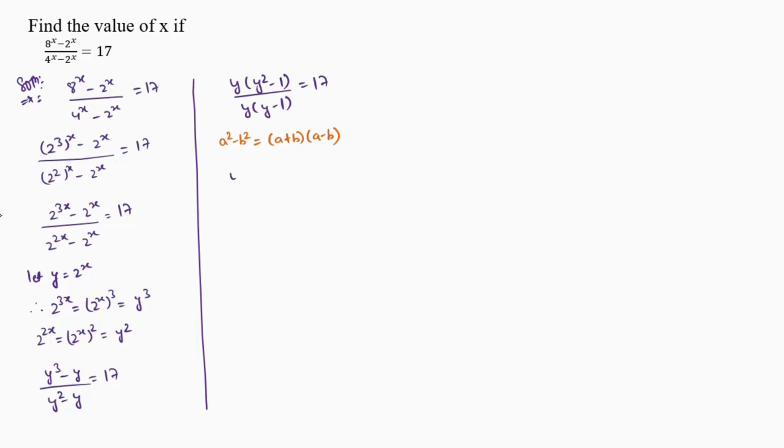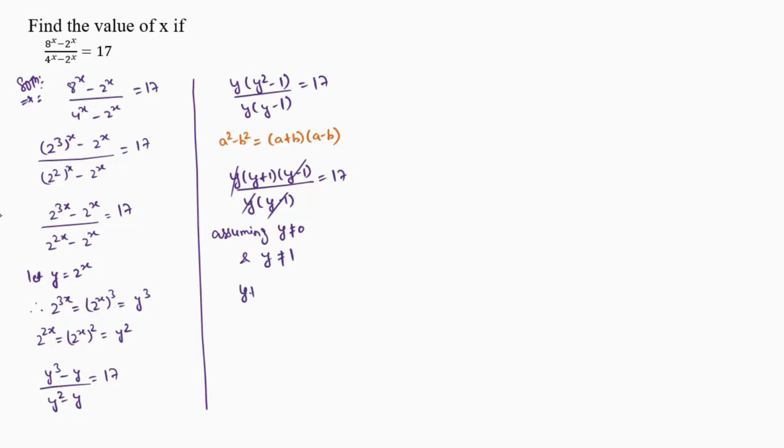Therefore, our equation can be written as y(y + 1)(y - 1) / y(y - 1) = 17. So from here y and y will get cancelled out, and y - 1 and y - 1, assuming y is not equal to 0 and y is not equal to 1. And the reason for these I will explain at the end.